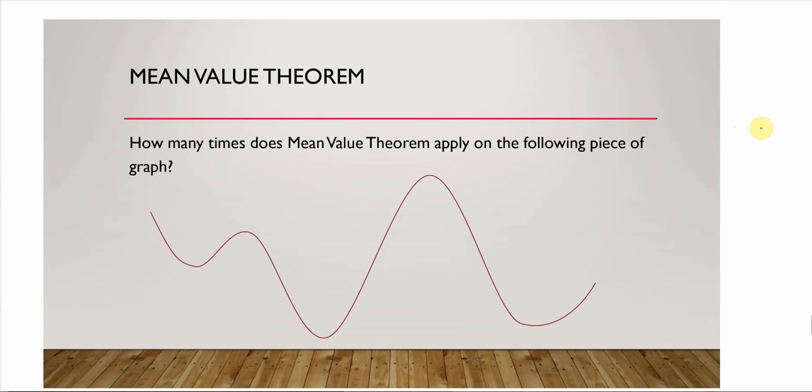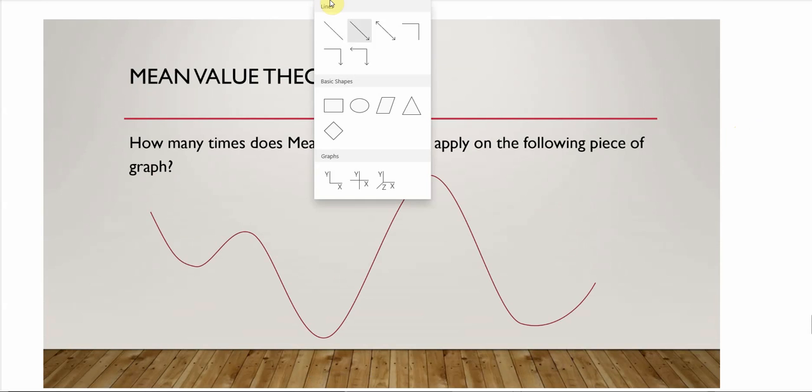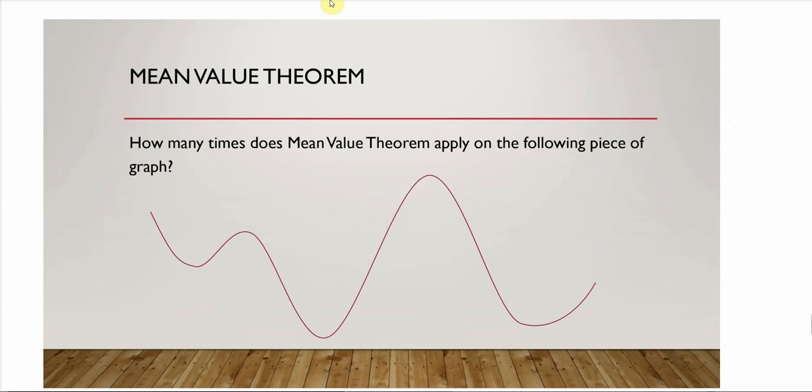How many times does the mean value theorem apply? So let me see if I can connect the endpoints here. Oops, I missed it again. All right, so that's my slope there. So how many times am I going to have the same type of slope? I'm going to find there's one there, one there, one there, one there, and one there.